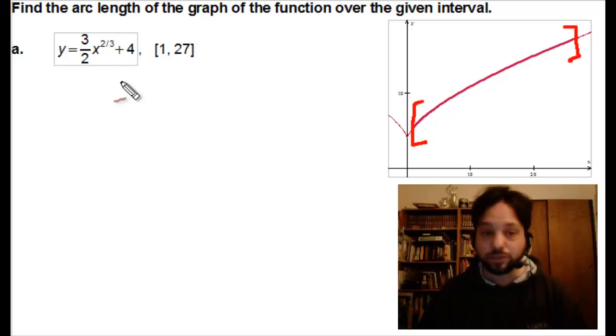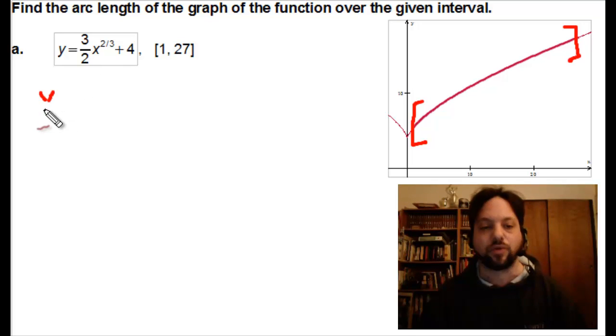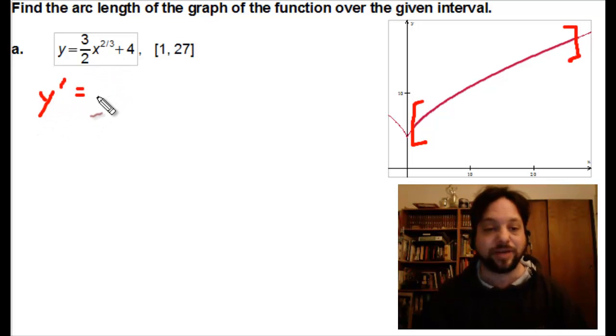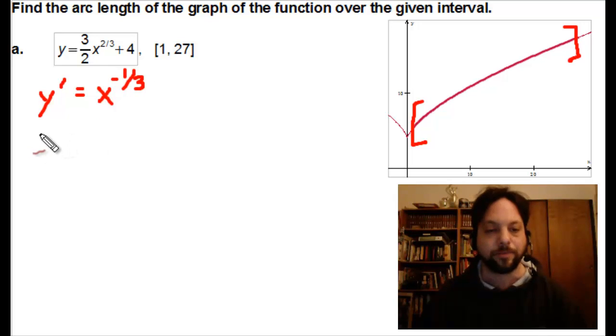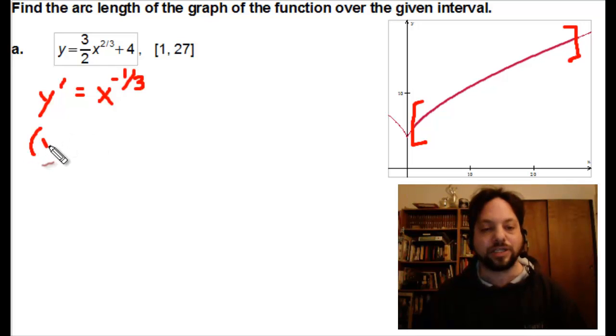Well, this really is not a very difficult thing to do. The very first thing we need to do, of course, is simply to differentiate this function. And this is a very easy derivative to do. In fact, if we do it correctly, we'll just get x to the negative 1/3. Now, once we've done that, we need to square this function to stick it into the arc length formula.